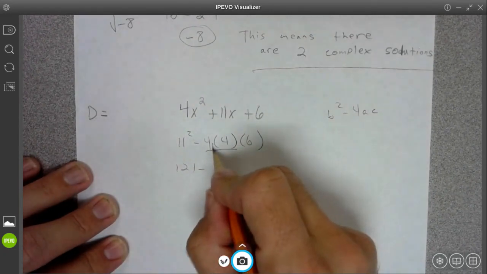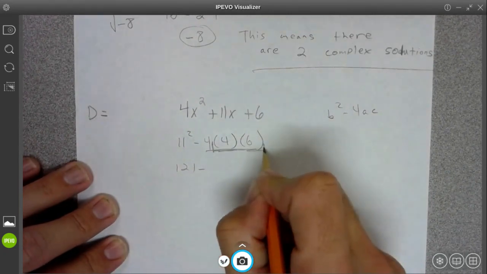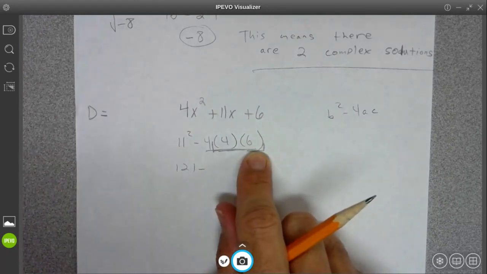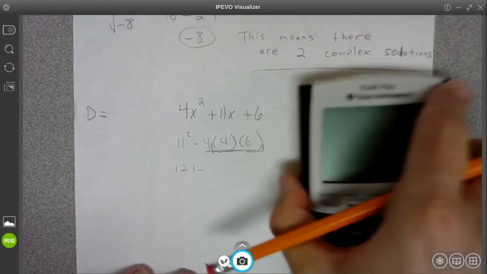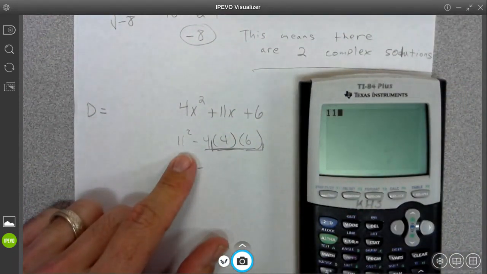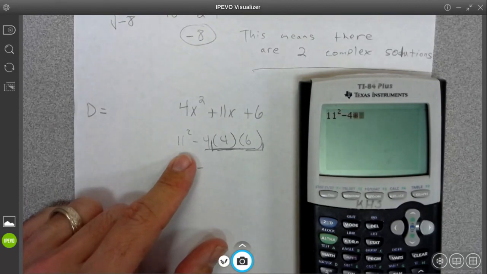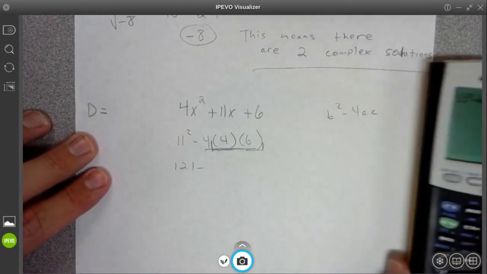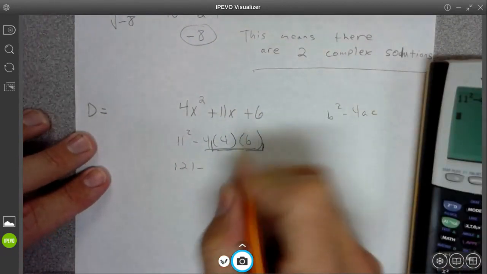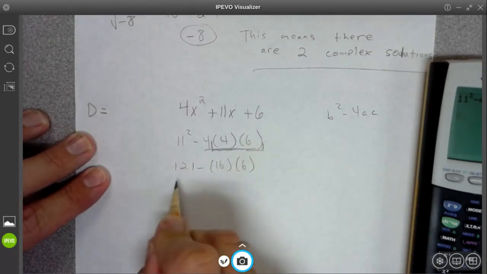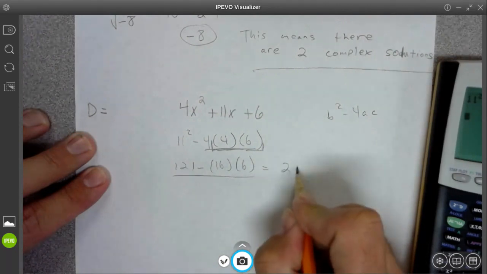But I do know 24. Or do I know that? I think this is a mistake. All right, 11 squared minus 4 times 6. Yeah, this is equal to 25. Oh, I know what this is. All right, we'll just call it fill in the blanks. This is going to equal 25.